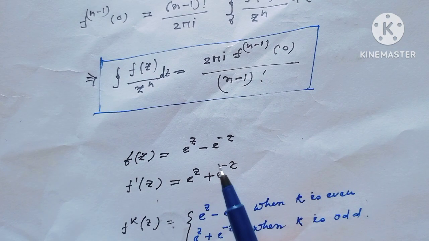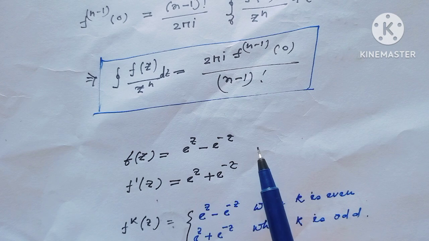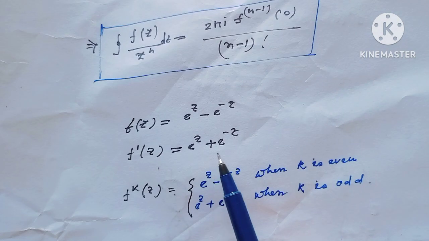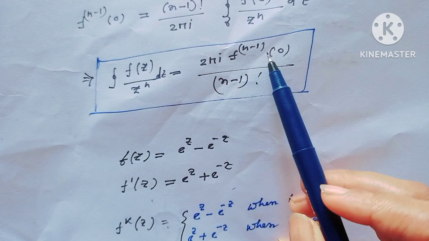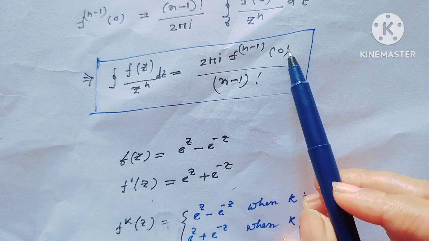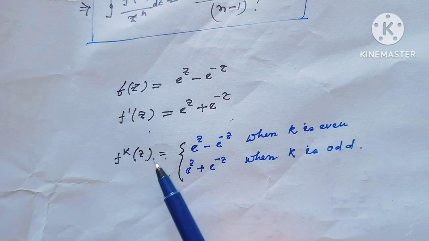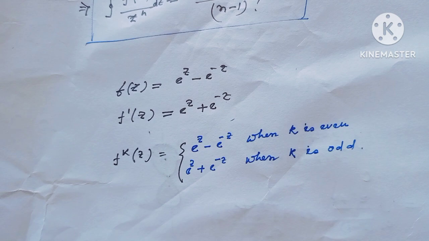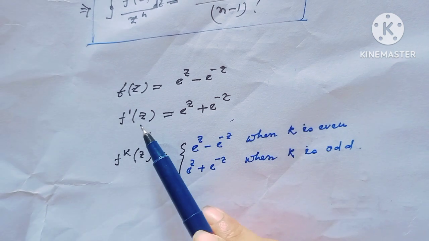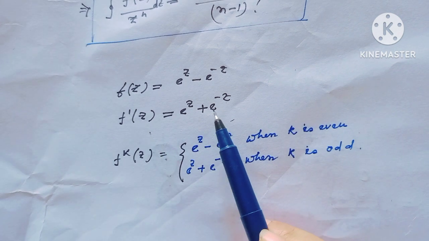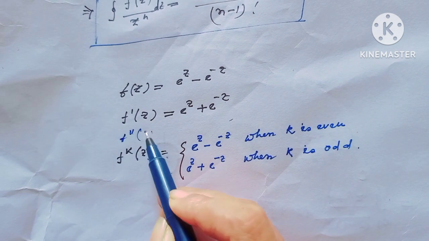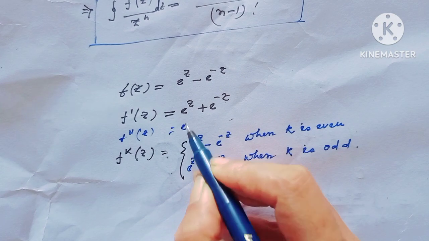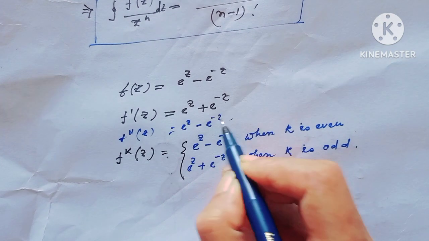Here f(z) equals e to the power z minus e to the power minus z. Then f prime z would be e to the power z plus e to the power minus z, and we have to find f to the power n minus 1. Notice f prime z equals e to the power z plus e to the power minus z, but f double prime z would be e to the power z minus e to the power minus z.